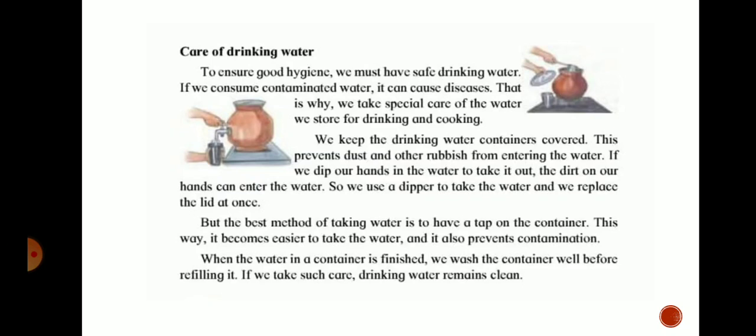Until the water is boiled or filtered, and we are not sure that the water is pure, we are not supposed to drink it. If we consume contaminated water, contaminated means, children, impure or polluted, it is the main cause of diseases.